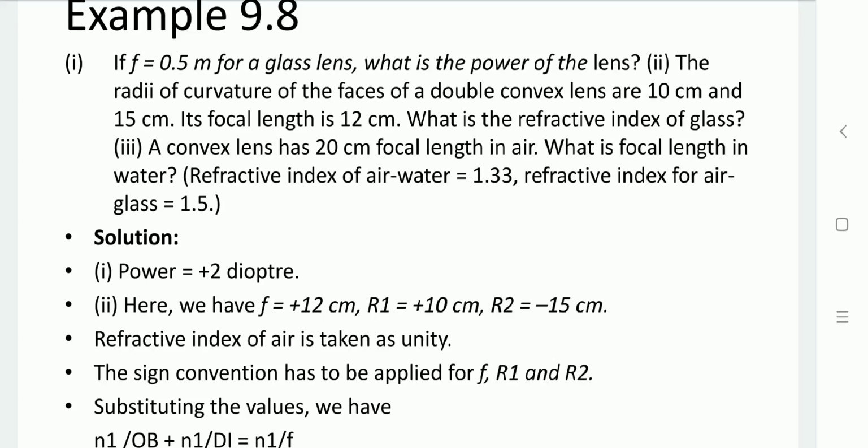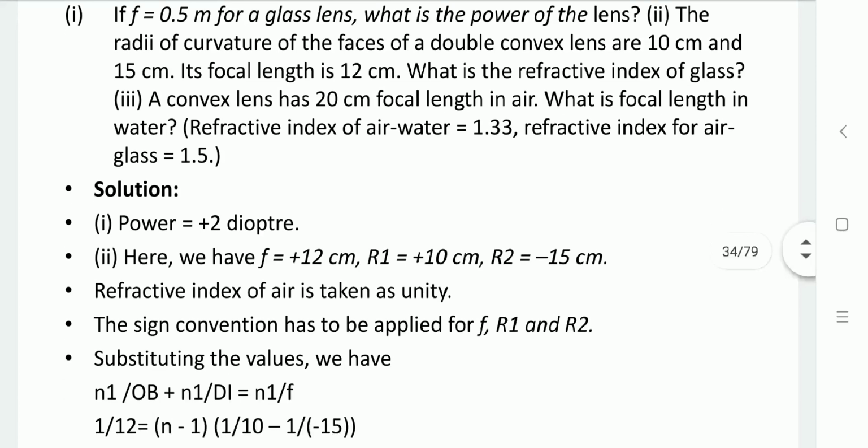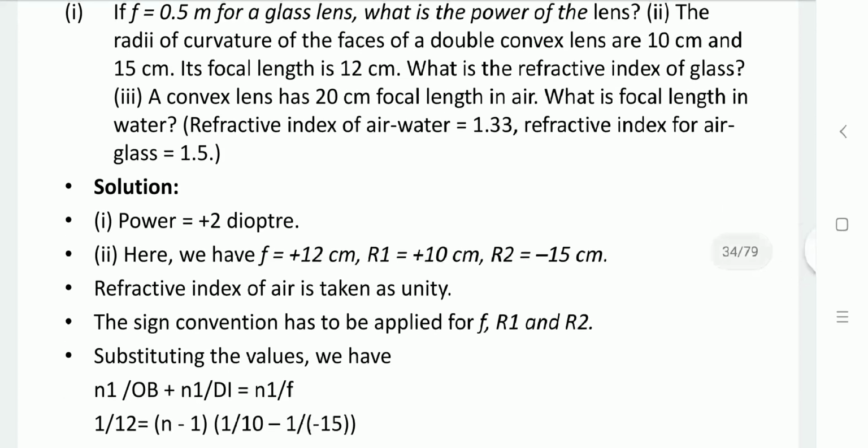Now in the next case, we have a focal length f equal to 12 centimeter, R1 10 centimeter and R2 15 centimeter. If we apply the sign convention, then f equals plus 12 centimeter, R1 equals plus 10 centimeter and R2 equals minus 15 centimeter.